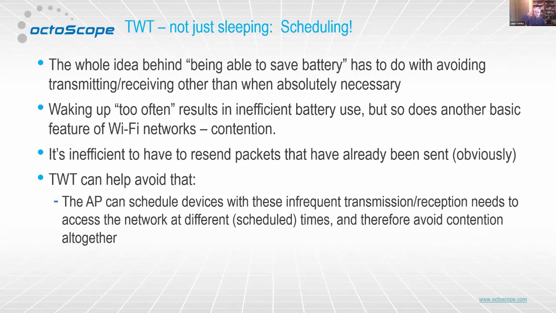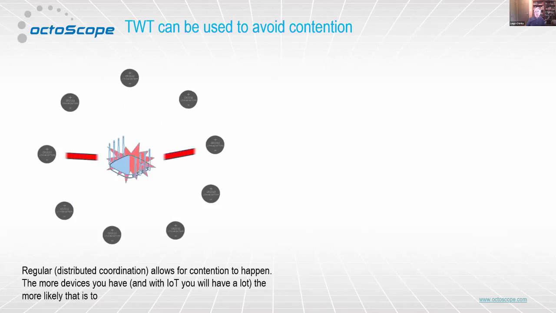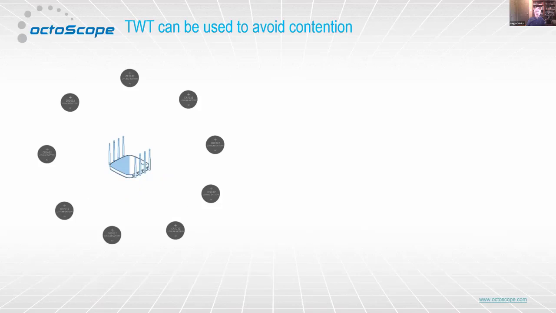And the reason TWT can help you do that is that since there's a negotiation between the infrastructure and the station about when these service periods occur, the AP can actually schedule different devices to have their service periods occur at different times, and essentially eliminate contention from the network, at least for those devices. So let me give you a quick visual on that. In a typical, what's known as distributed coordination function of Wi-Fi, things would look like this.